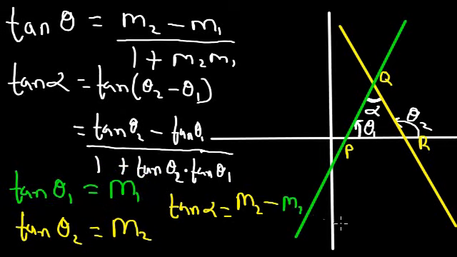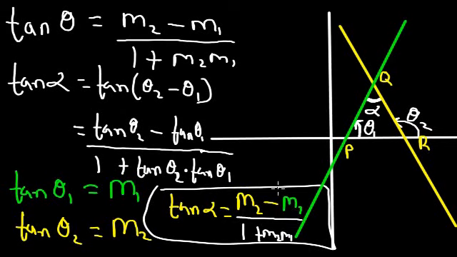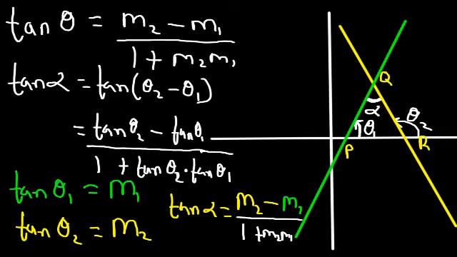Then everything will be divided by 1 plus the product of the two gradients, m1 and m2. And this is how the formula is derived. You can clearly see that it corresponds to this. Don't be carried away by the theta I used in the first place. It's still the same thing.